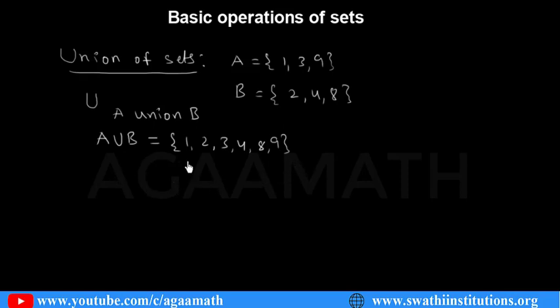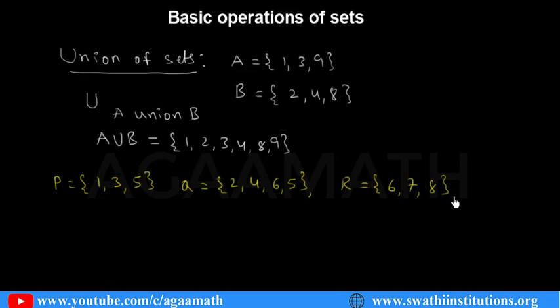Let me take one more example. P equals 1, 3, 5, Q equals 2, 4, 6, 5, and R equals 6, 7, 8.